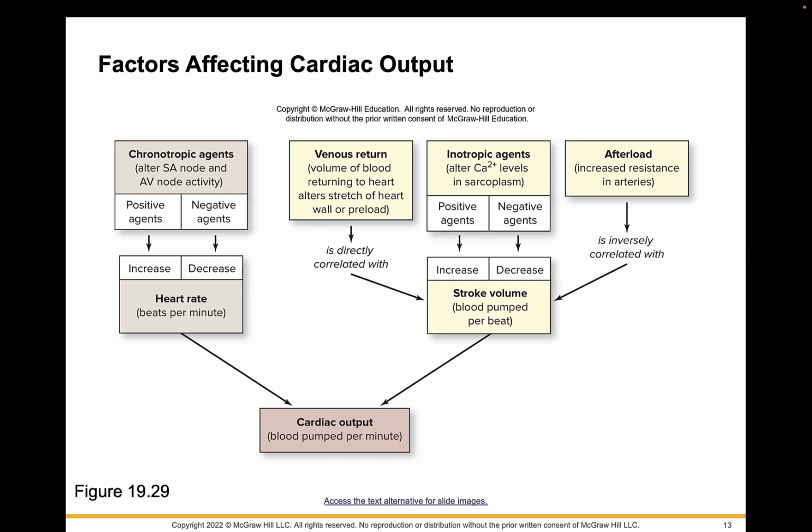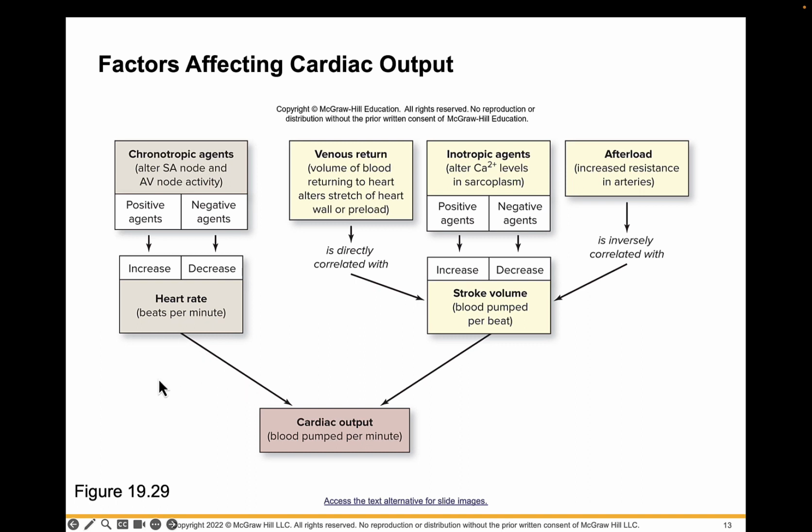Now, if we look at this particular diagram, it's really tying together all of the things that have an impact on cardiac output. So here we look at chronotropic agents. So once again, they're primarily impacting the SA node. Positive agents are going to result in an increase in heart rate, whereas negative will have a decrease. Once again, we'll see a direct impact on cardiac output.